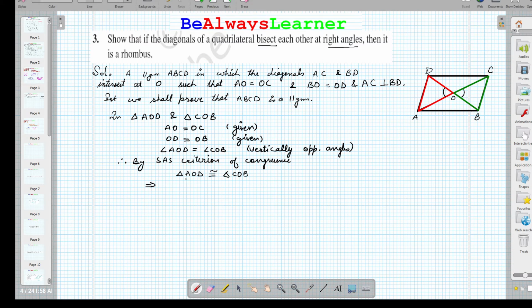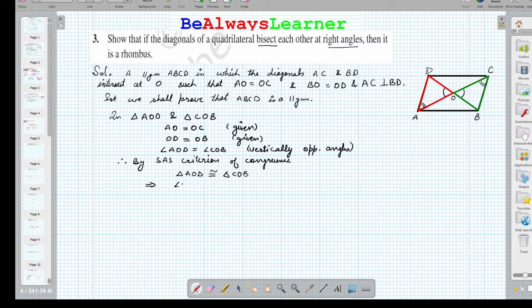So angle OAD, this angle, is equal to angle OCB, this angle.